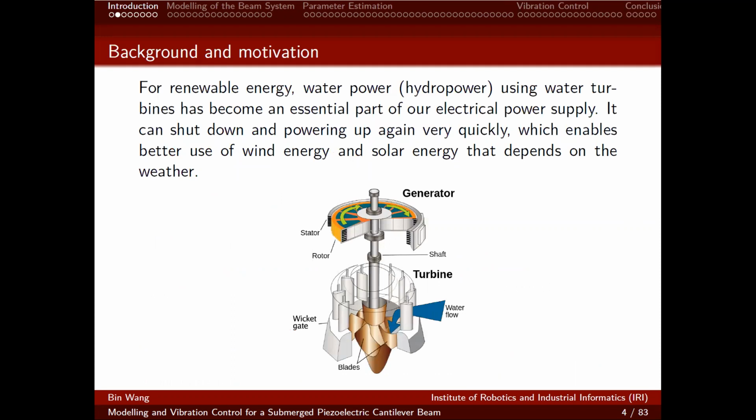As you may know, for renewable energy, water power using water turbines has become an essential part of our electrical power supply. A salient advantage of the water turbine system is it can shut down and power up again very quickly by changing the wicket gate.